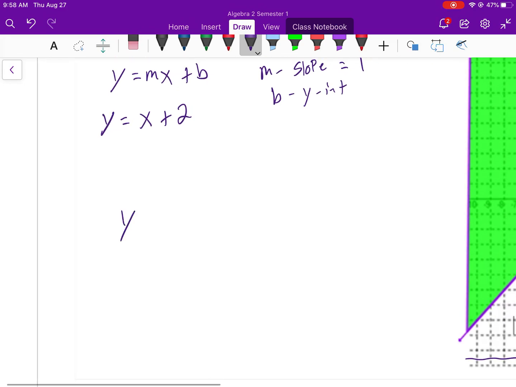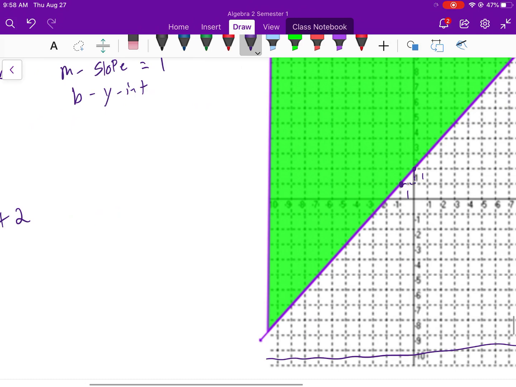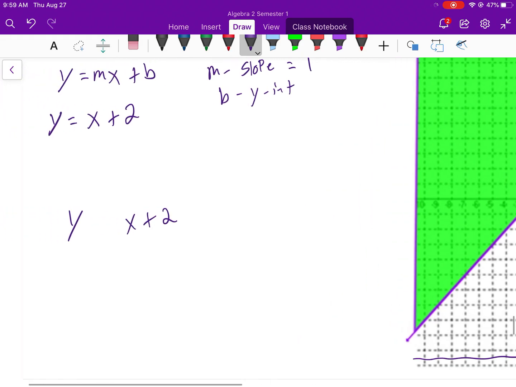So then to get this, we got to write an inequality. So y is greater than or equal to or less than or equal to x plus 2. Let's determine which it is. Okay, so if we use that checkpoint of (0, 0), and we know, since it's not shaded over there, we need to get a false statement.